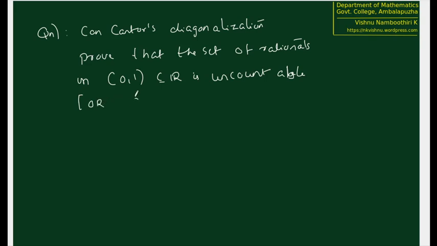Or Q intersection open interval 0, 1 is uncountable. Okay, and the answer is actually no, because of the special nature of decimal representation that every rational number possesses.